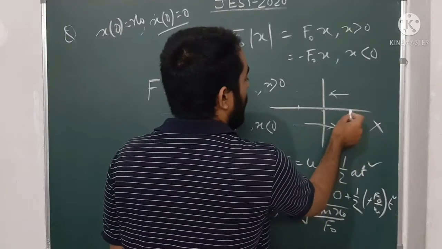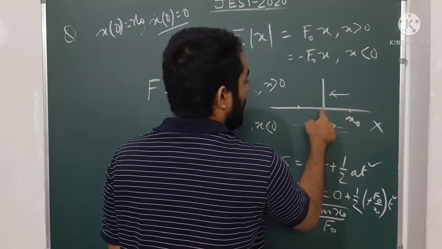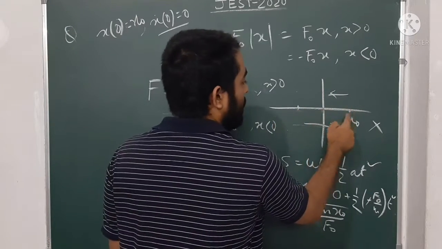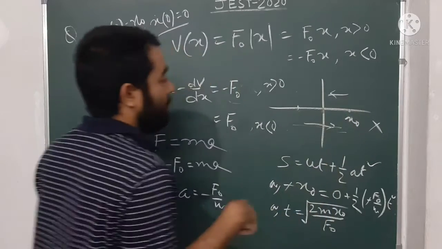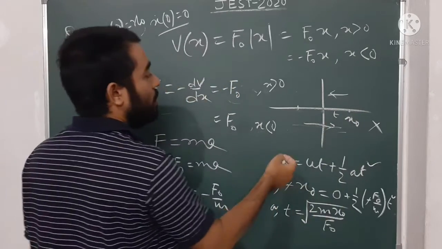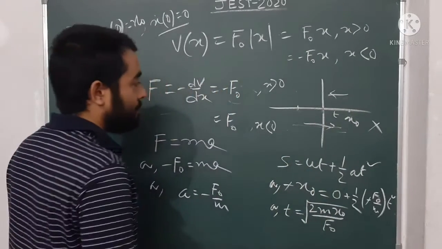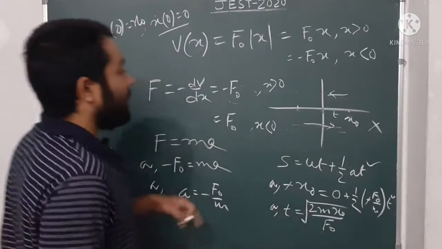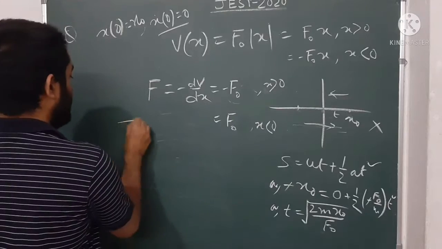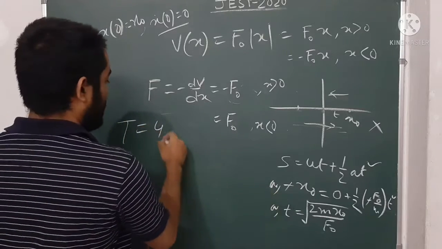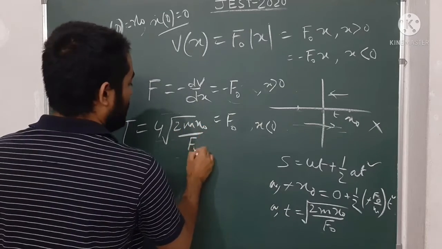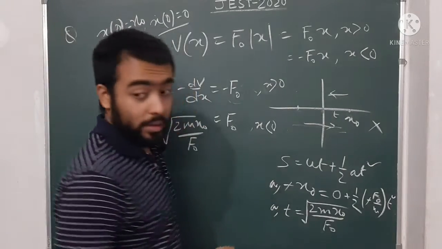For a complete oscillation the particle first moves here, then from here to here, then the particle returns here, and from here to here. This is a complete cycle. So this time is only for t, so we have to multiply this by 4, then a complete oscillation will complete, and that will be the time period of this oscillation: 4 times root of 2m x naught by f naught.